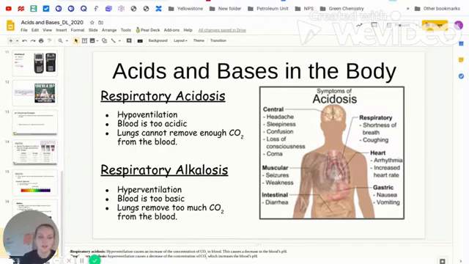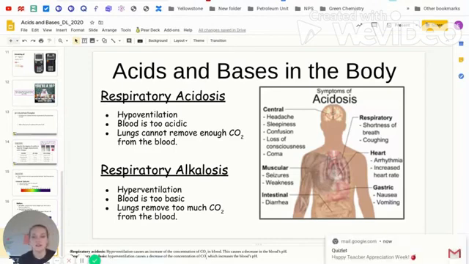For alkalosis, we're hyperventilating, exhaling more than you inhale, and that causes the CO2 concentration to decrease. Your blood becomes too basic, so the pH is higher, because your lungs are removing too much CO2 from the blood.